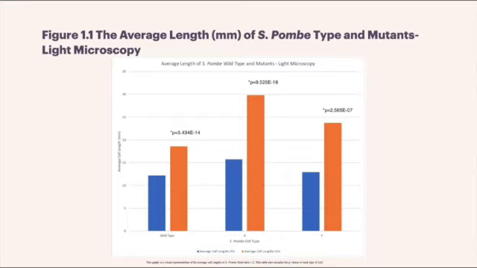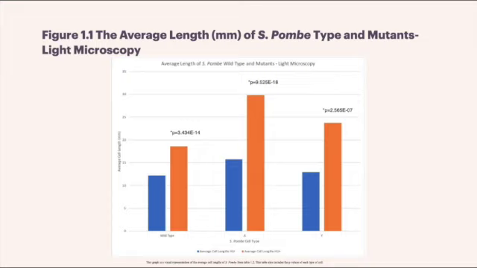The second mutant is much larger in size, but it is also a much larger difference between the two average cell lengths.